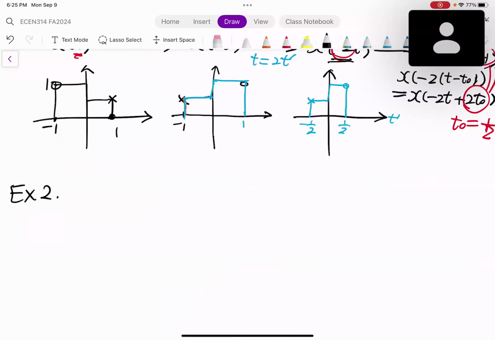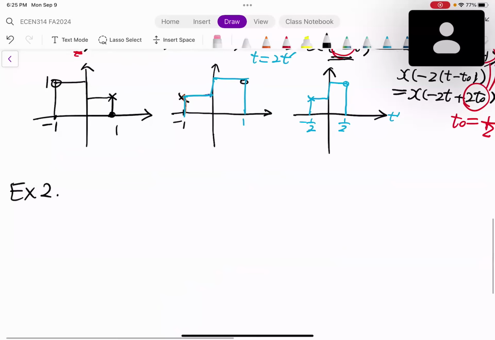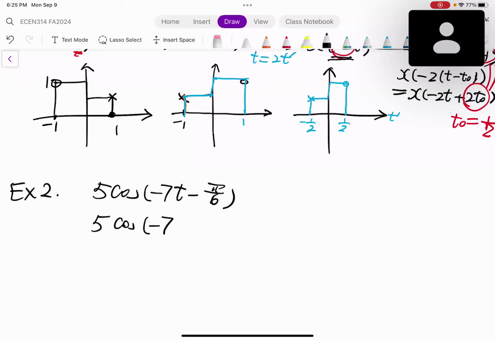Let's look at an example. Let's look at this one: 5 cosine of -7t minus pi over 6, or 5 cosine of -7n.